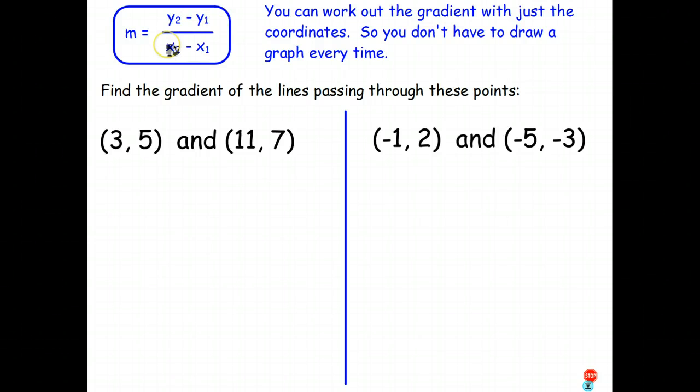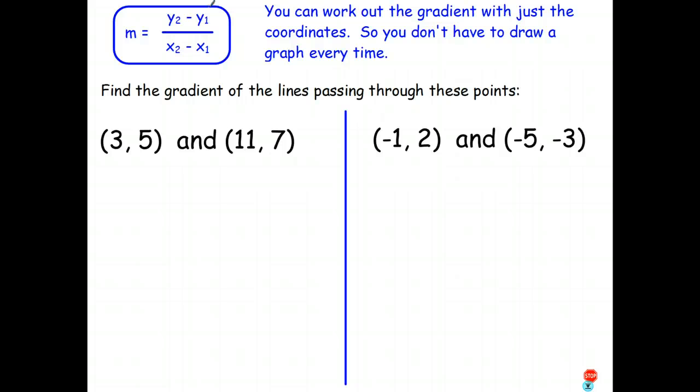Okay, so there's our formula, and there are the coordinates of the 2 points. The first decision we have to make is which point we are going to call point 1 and which point 2. Normally you want point 1, if possible, to have the larger coordinates, because you're subtracting, so big number minus small number avoids negatives.